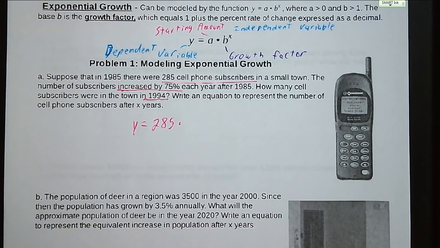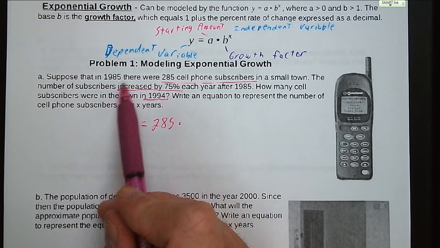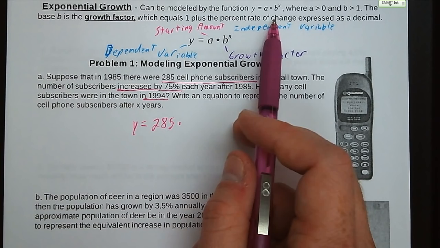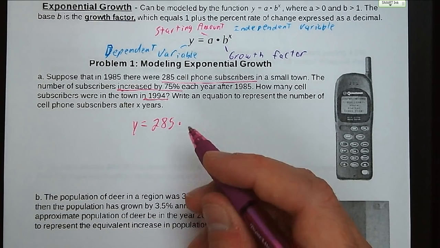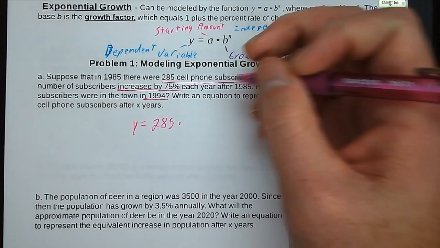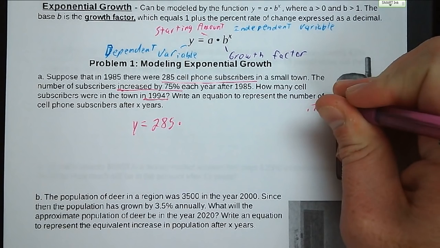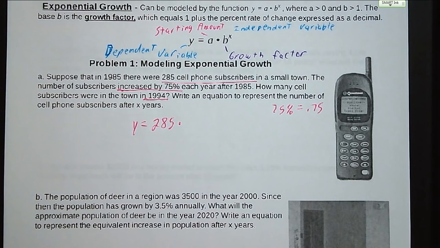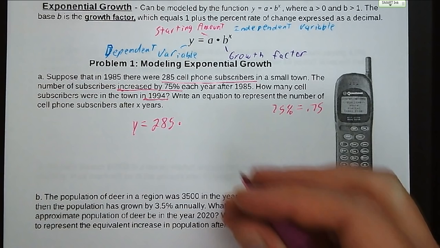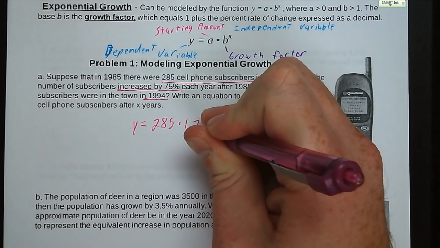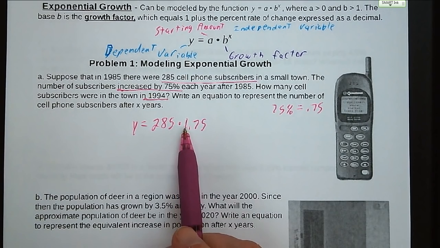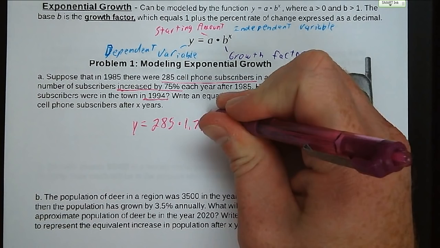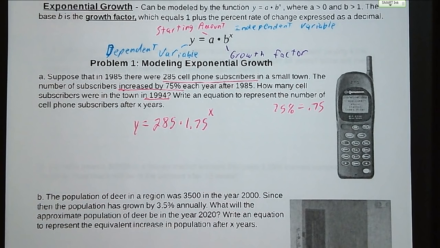We're growing 75% per year, and we said it was going to be 1 plus the percent rate of change as a decimal. 75% equals 0.75. So 1 plus that is 1.75. The 100% of the original plus an additional 75% for the growth. And we're doing that to the x power, because x is our number of years.